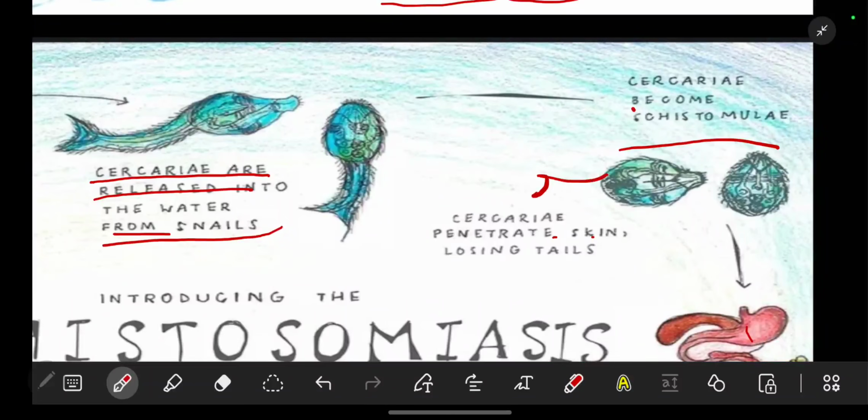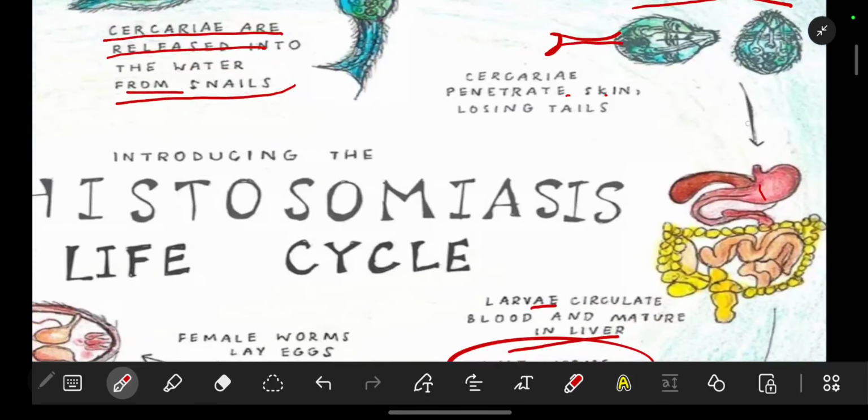Then they become Schistosomulae. They move via the blood to the liver. When they move to the liver, they mature into male and female. When they mature, they move to the bladder and the rectum, where they lay their eggs.